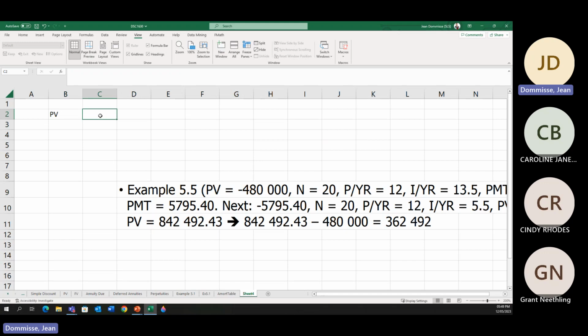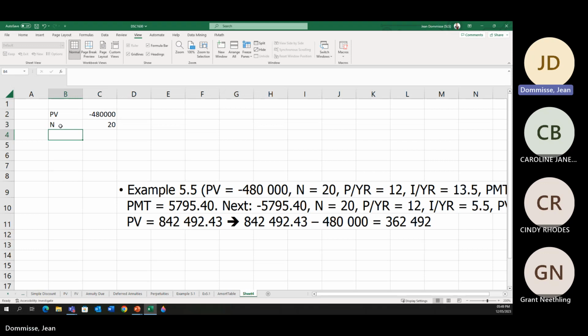So they tell us that Jonathan's loan originally is 480,000. So we have that. So let's just work out first what the total loan will be. So we have it as 20 years.